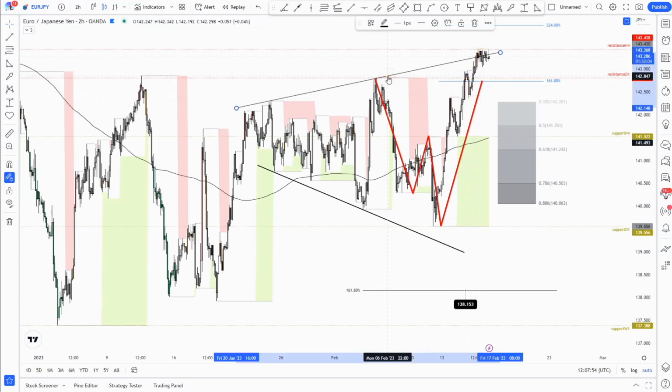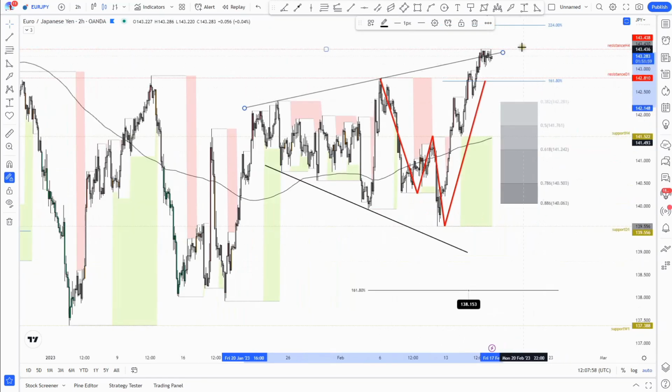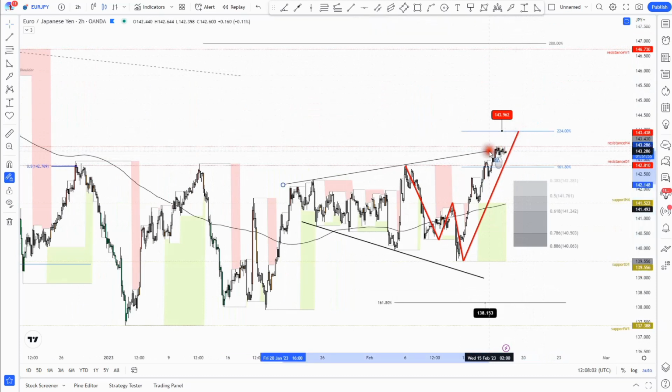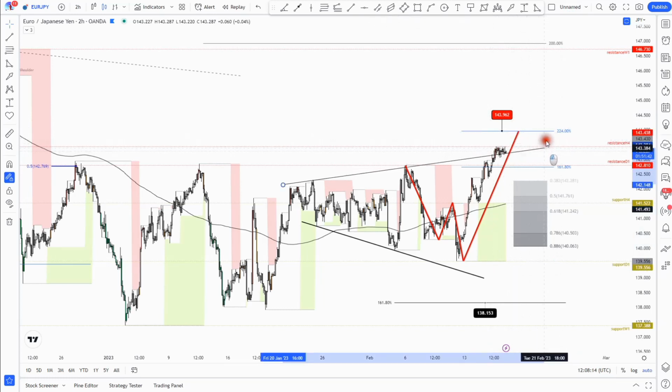and then it rallies to new higher highs. And at this point, I have another pattern that may start to emerge if the price keeps trading higher, and that points to 143.96. That is the 224% Fibonacci extension, and I admit a false breakout above this wedge.